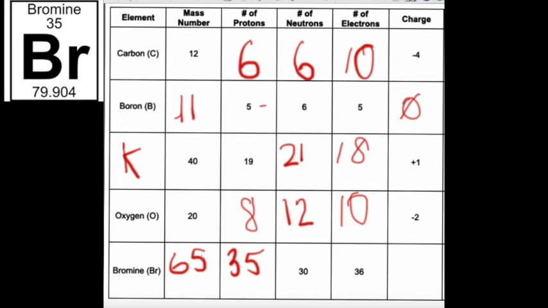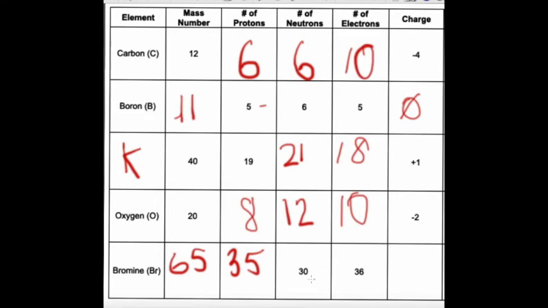In order to get the mass number, you need to add up the number of protons plus the number of neutrons. So, if there are 35 protons and 36 electrons, what must the charge be? What you can notice here is that there is 1 more electron than there is protons. Electrons are negatively charged, and so that means that there is a -1 charge to this atom.